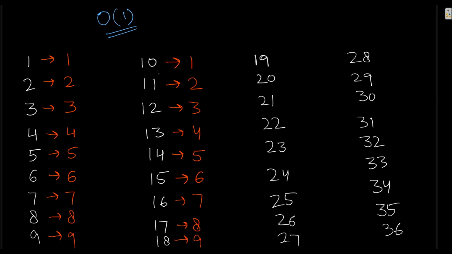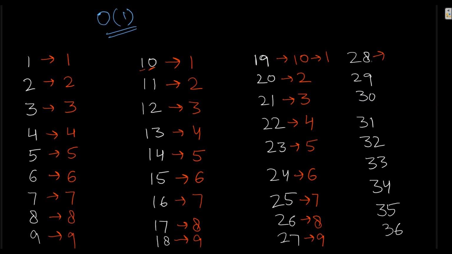Then 1 plus 9, 10, then again 1 plus 0 will be 1. 2 plus 0, 2. 2 plus 1, 3. 2 plus 2, 4. 2 plus 3, 5. 2 plus 4, 6. 2 plus 5, 7.